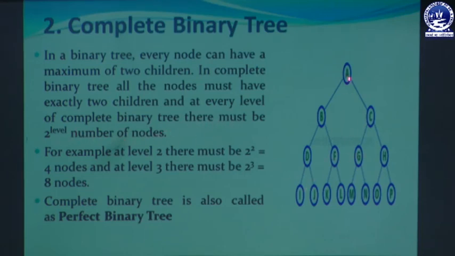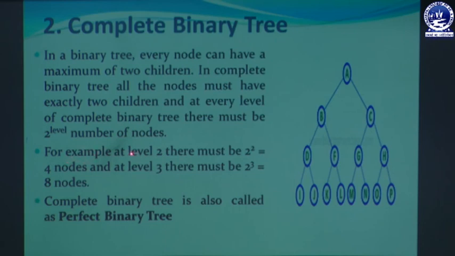You can see in a strictly binary tree a node must have 2 children or none, but in a complete binary tree every internal node must have 2 children. You can see all the internal nodes A, B, C, D, F, G, H have 2 children. B having D, F, D having I, J, F having K, L, G having M, N, H having O, P, C having G, H and A having B, C also.